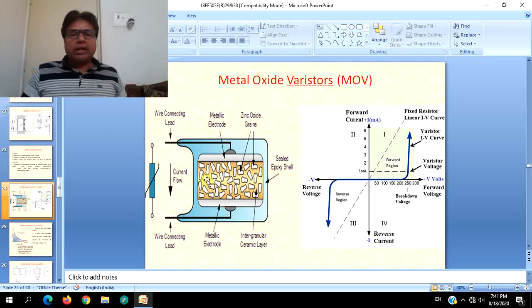This total layer is connected to metal electrodes, which will eventually be connected to the incoming terminals of the circuit it is connected in, and it is totally housed in a sealed epoxy shell as shown. These are the connecting leads, and this is the symbol for the MOV.